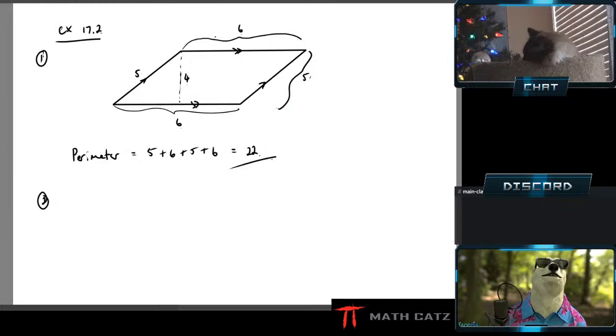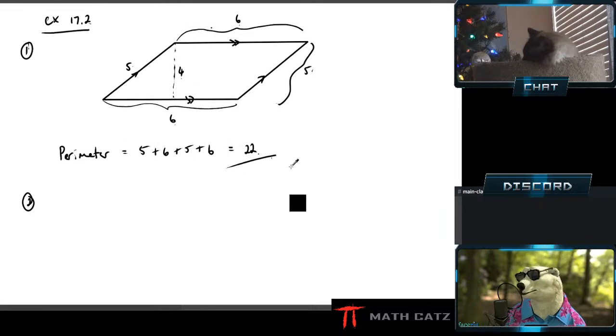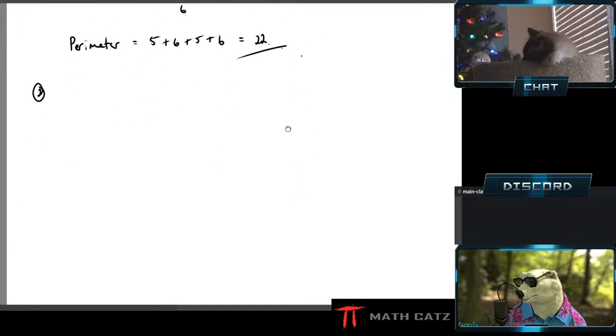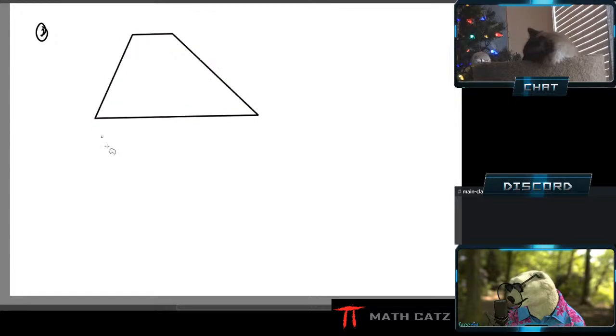Let me just move this to the other side so I can copy the next shape. Whoa. That was aggressive zooming. Okay, what do we have? Let's copy the shape: a little top side here, more angled there, and then like that.